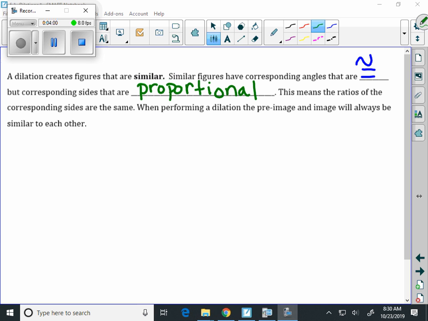This means the ratios of corresponding sides are the same, but when performing a dilation, the pre-image and the image will always be similar to each other. They won't be the same length, they'll be proportional to each other.